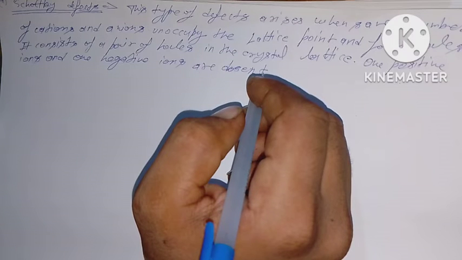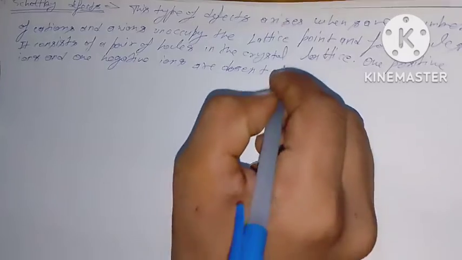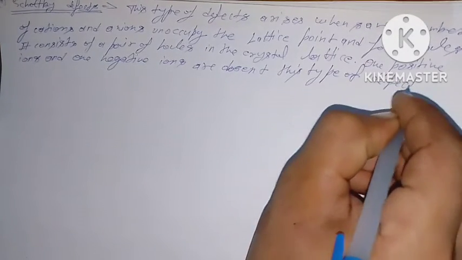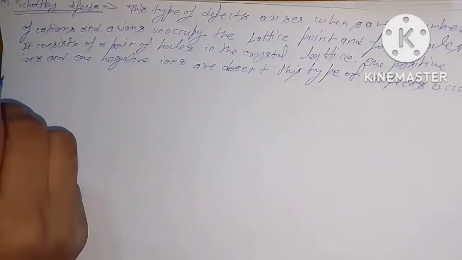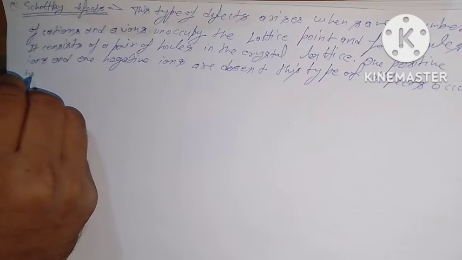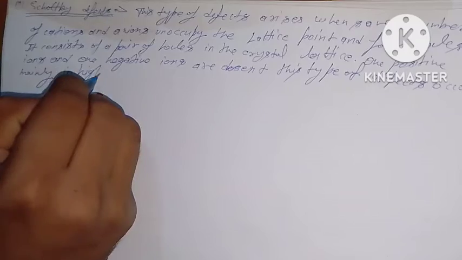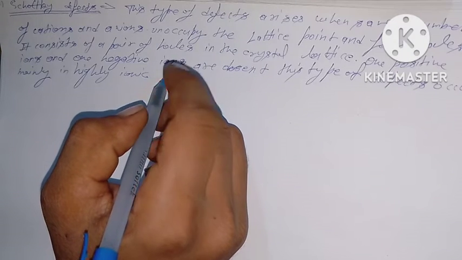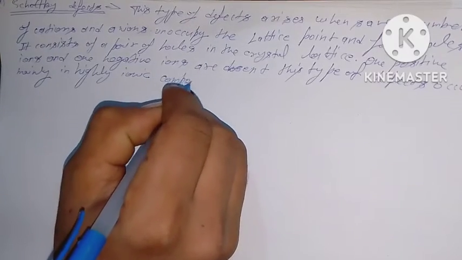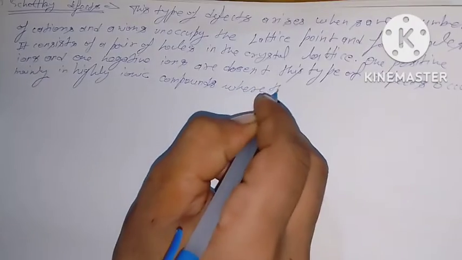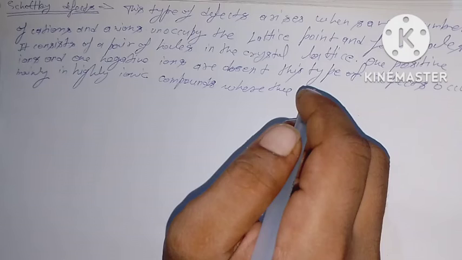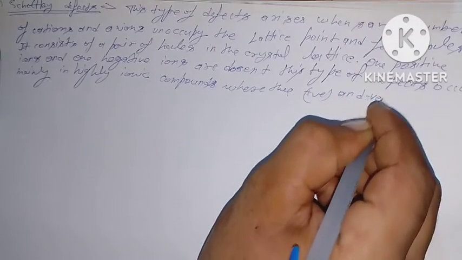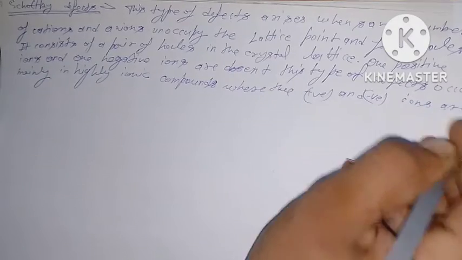This type of defect occurs mainly in highly ionic compounds where the positive and negative ions are of similar size.